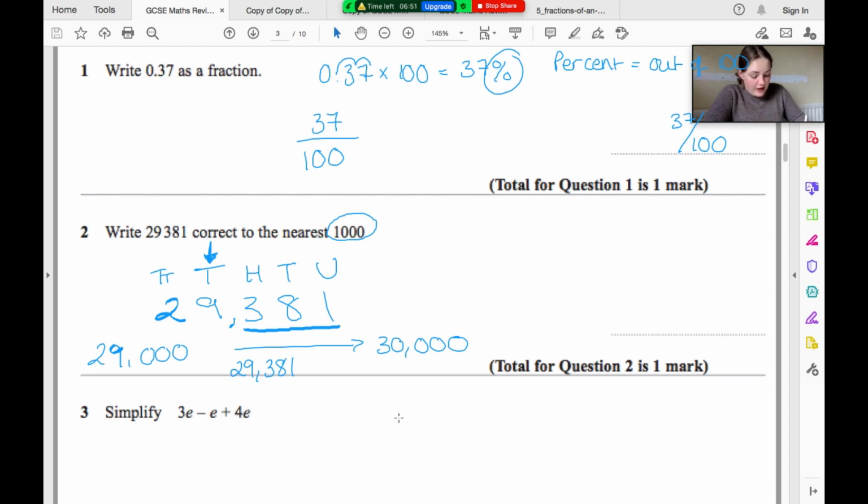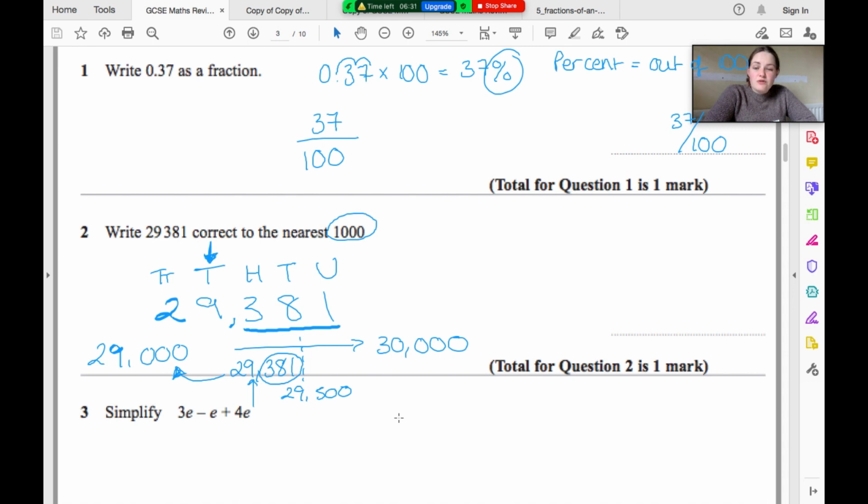Now I know it's closer to 29,000 because this 381 isn't quite halfway. 29,500 would be right in the middle of those, whereas 29,381 isn't quite halfway.